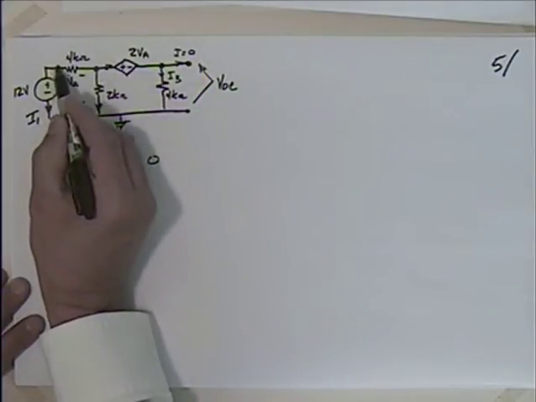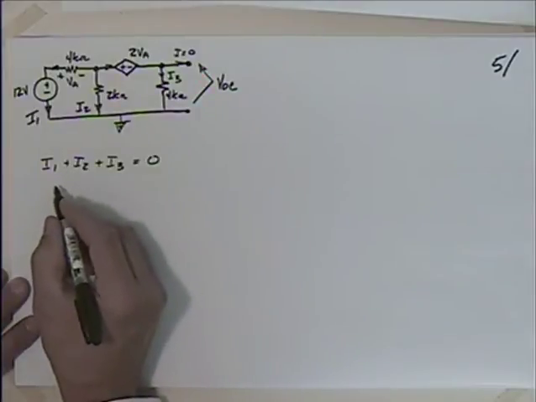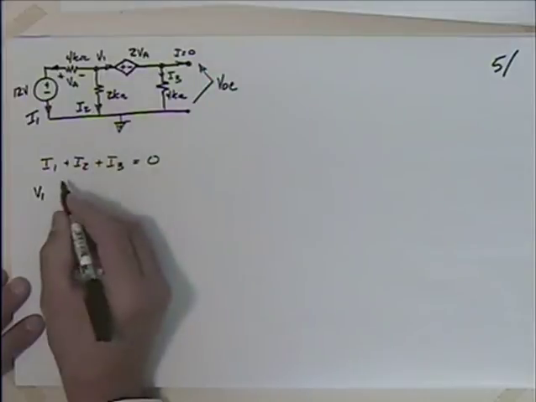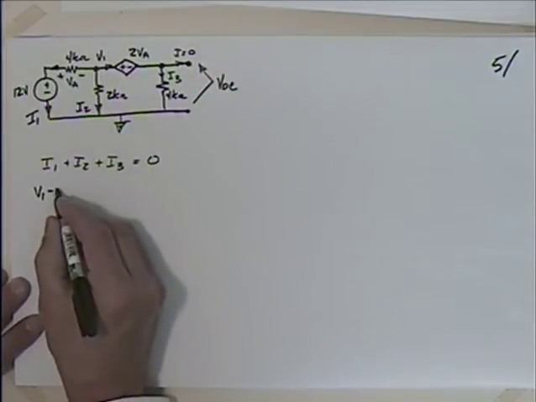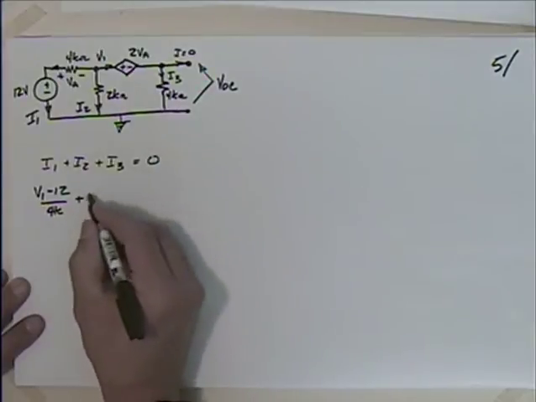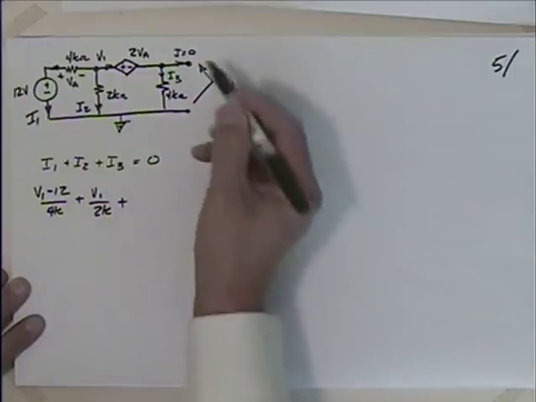That's the current going like that. So I need to find the voltage opposite that. That would be minus 12. So I'll say that it's V1, the voltage up here, V1 minus 12 divided by 4K, plus I2, which is V1 over 2K, plus I3. What's I3?